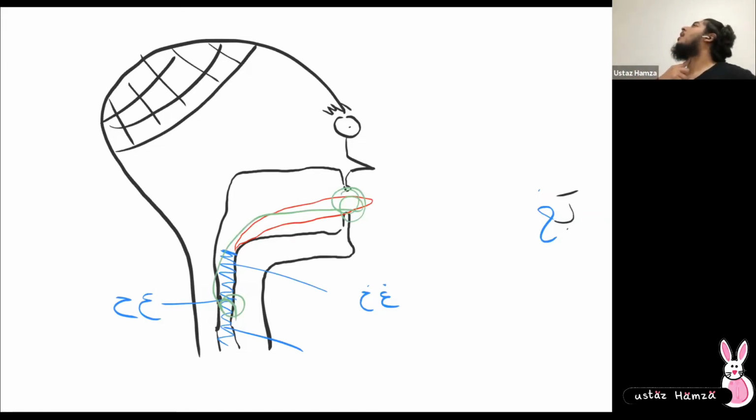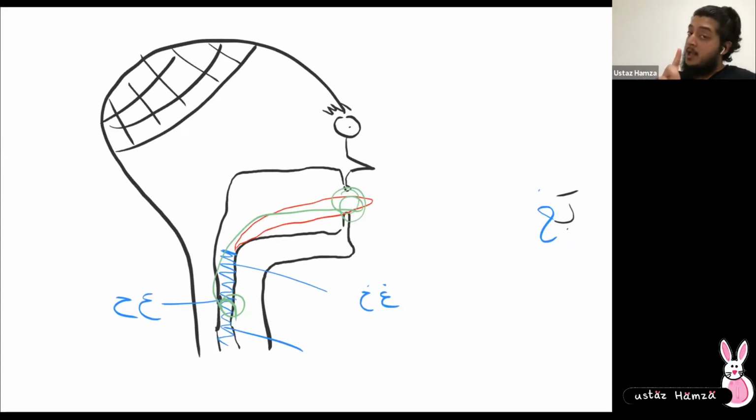Ba. Stop it there, please. Don't let it go down. Ba. Stop it in the middle of the throat. Let's practice ha together. Bah. Stop it right at the center, right at the middle of your throat. Bah.